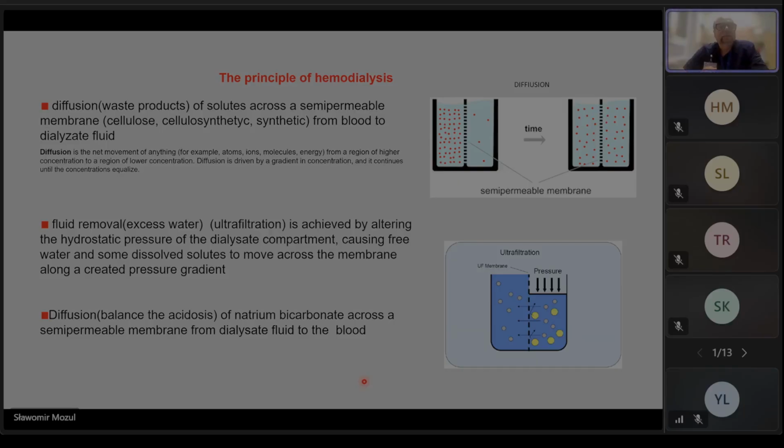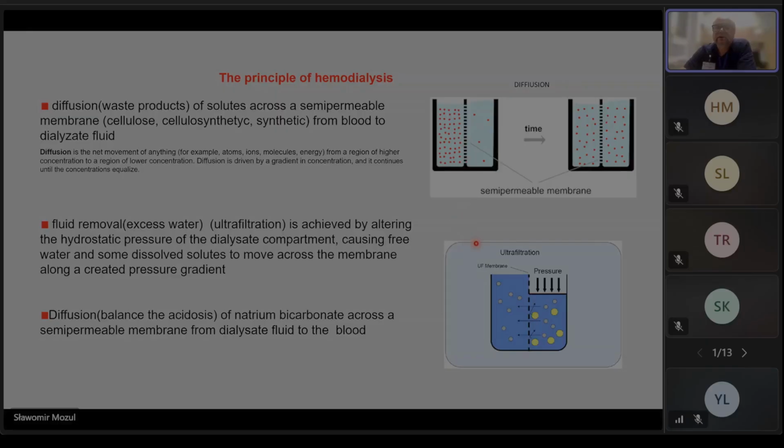Now about the principle of hemodialysis. On this slide, we can see diagrams illustrating diffusion and ultrafiltration. Two solutions with different compositions are separated by a semi-permeable membrane.